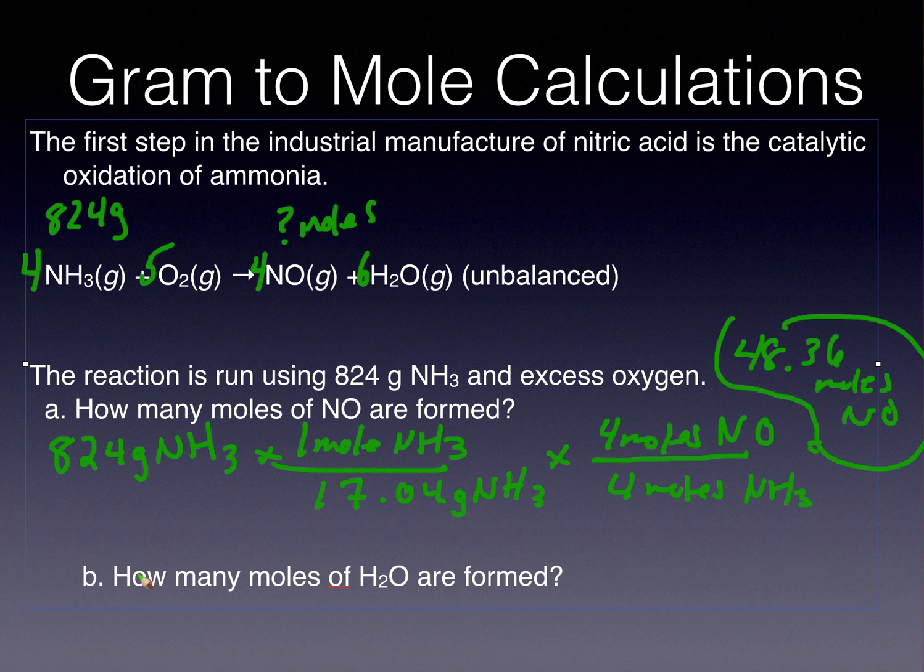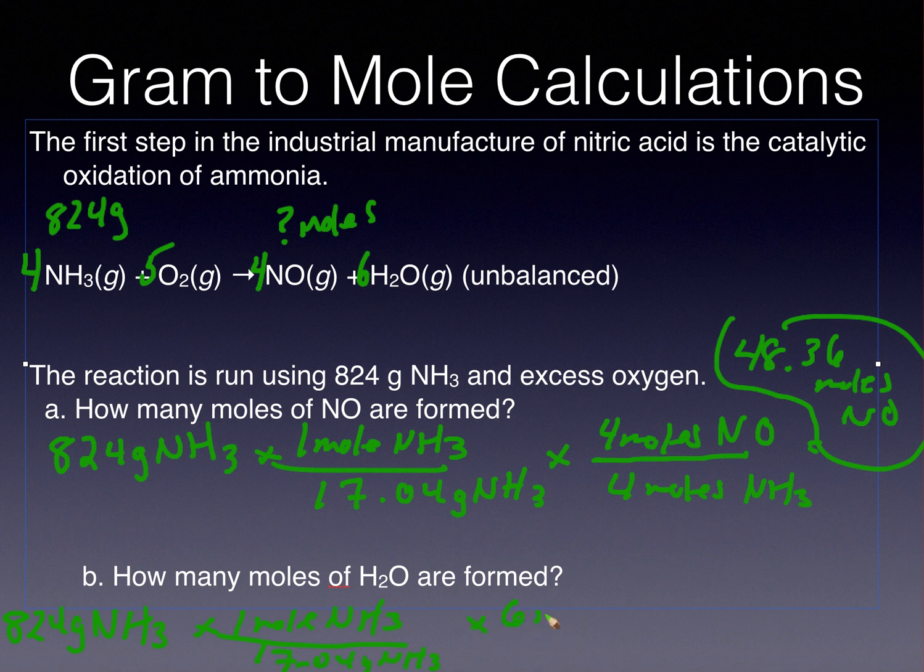Okay, next one. I want to know how many moles of H2O are formed. And we're still going to use the same initial reactant they gave us, constant amount. So 824 grams of NH3 times 1 mole of NH3 all over 17.04 grams of NH3. So the only thing that's going to change here is our mole ratio.